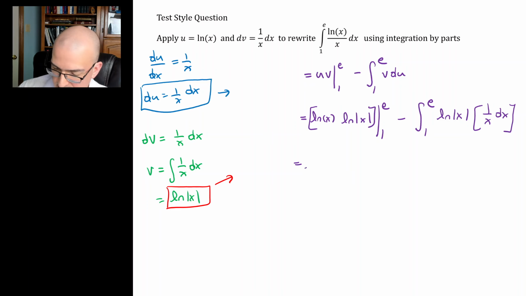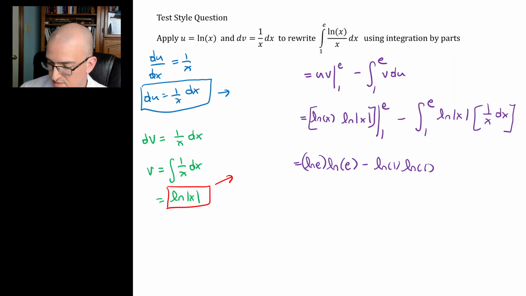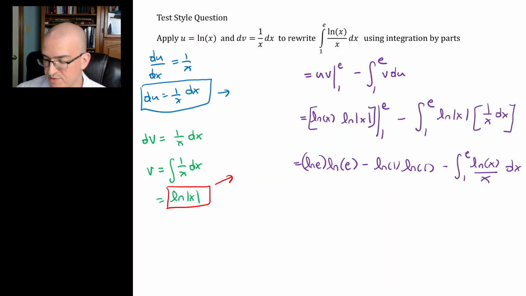Okay, so I'm going to plug in e, ln of e times ln absolute value of e, which is just ln of e, minus ln of 1 times ln of 1, minus the integral from 1 to e of ln absolute value of x, which can just be rewritten as ln of x without the absolute value, and then multiplying by 1 over x is the same as dividing by x. Again, I'm dropping the absolute value signs because our integral is going over positive x values only. It's not wrong to leave the absolutes in there.